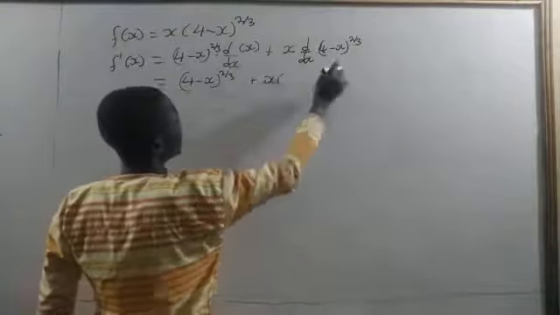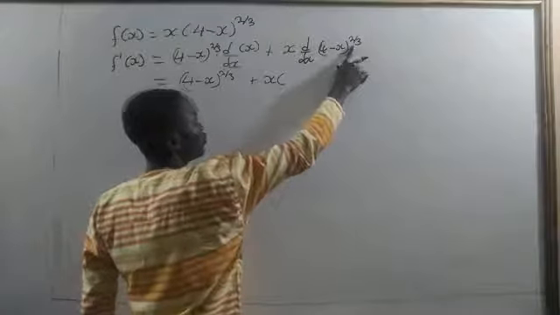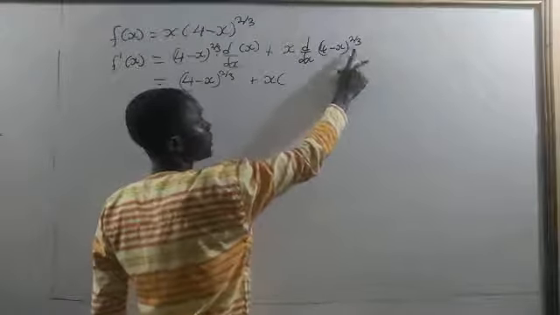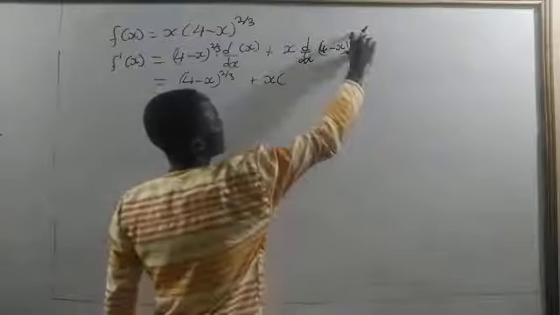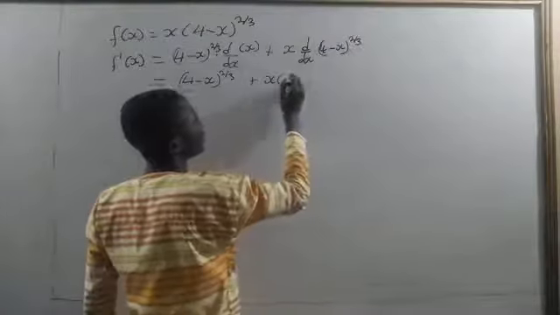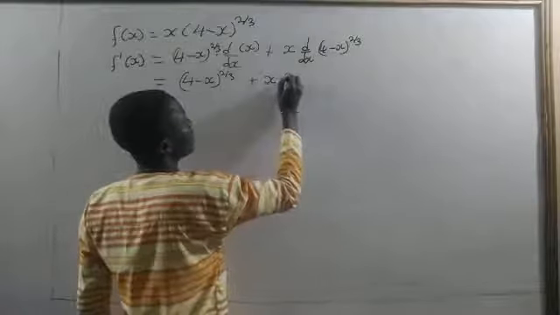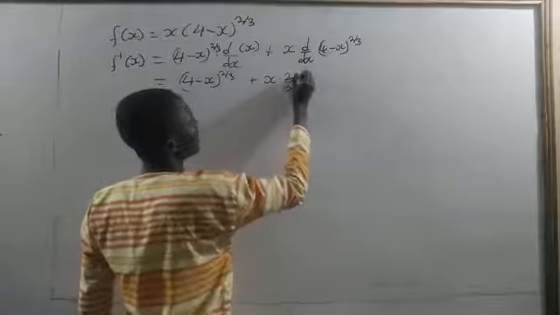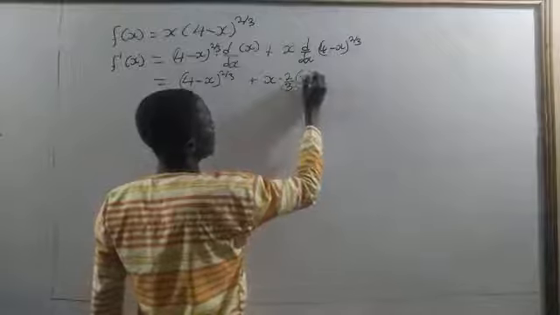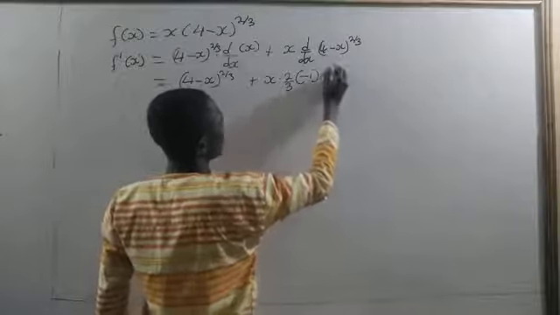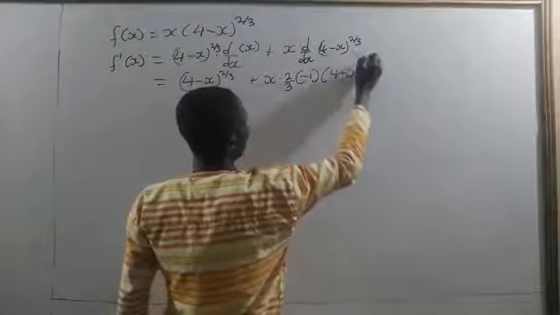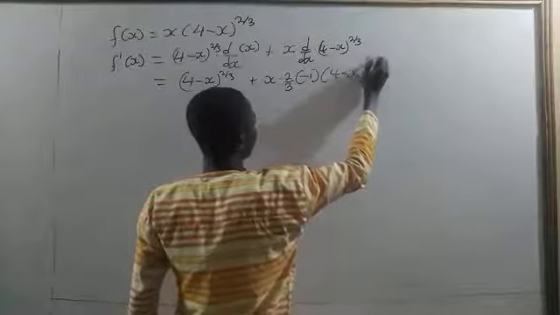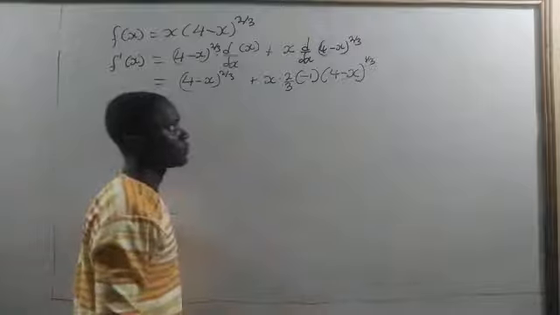Plus x. Here, we are going to use the chain rule. So we take the power and bring it in front, times we differentiate what is inside: negative 1 times (4 minus x)^(1/3).